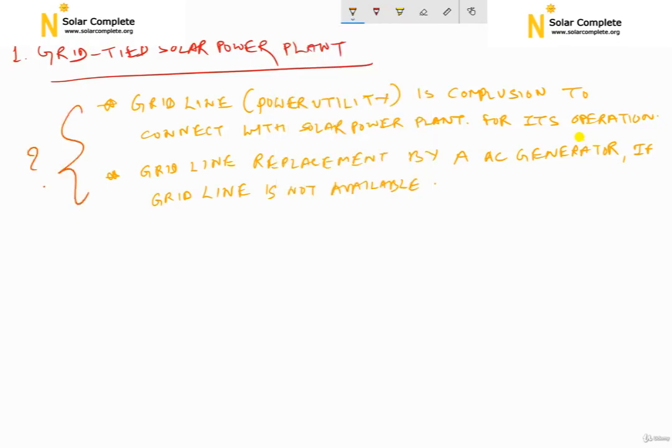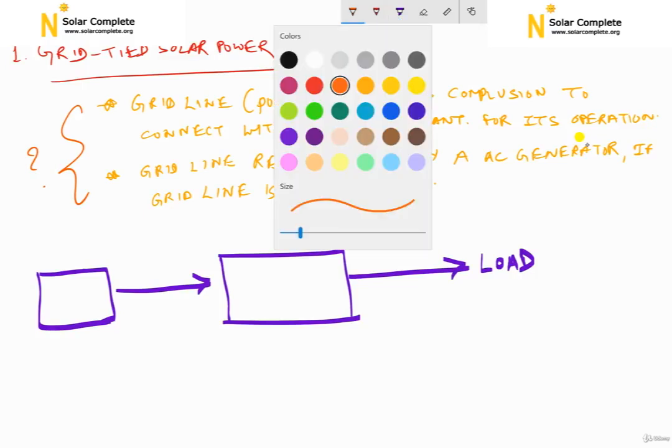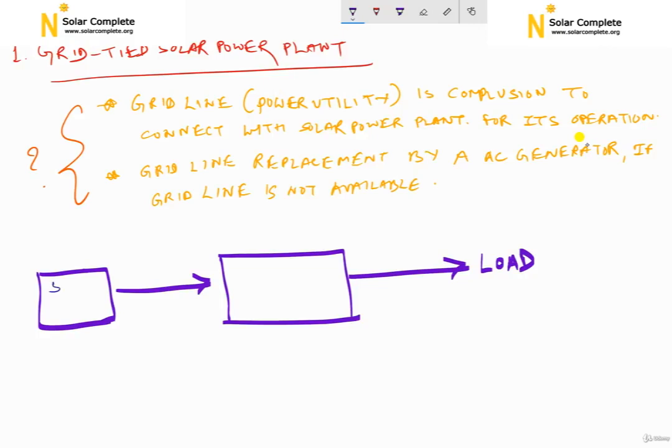First reason is after sunset, the grid inverter needs grid power for delivering to the load, for load operation, for load power supply, right?